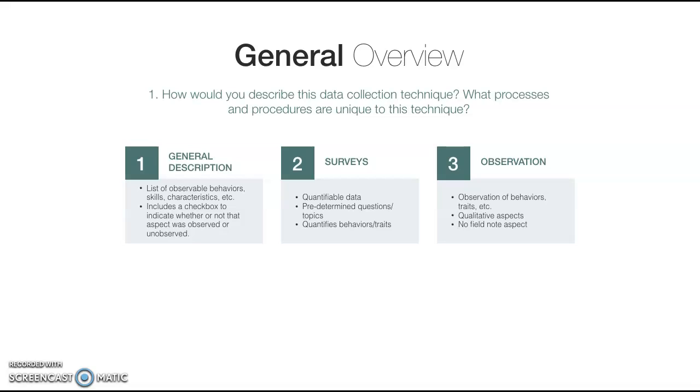The second thing I want to talk about is how this is a technique that kind of mutates surveys and observation, or it is a mutation of those two. Obviously, it's not directly related to either of these, but this is kind of how I saw it. In terms of surveys and how it's similar to those, surveys provide quantifiable data, as does the checklist technique. They also provide predetermined questions or topics, just like the checklists do, and it quantifies behaviors or traits that are observed.